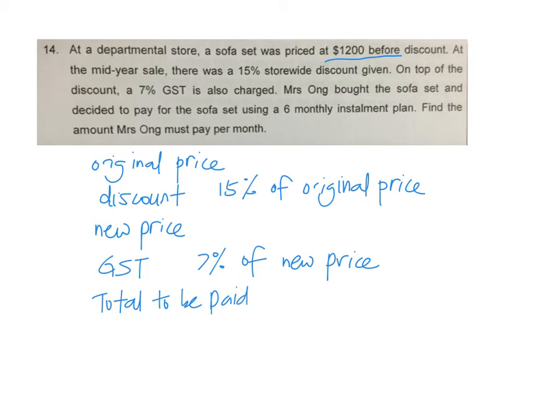I hope you remember that 15% of original price means 15 out of 100 times original price, which is $1,200. That's the discount given. Then you need to use the original price to take away the discounted amount to find the new price.